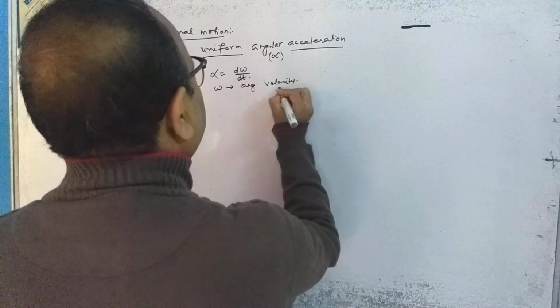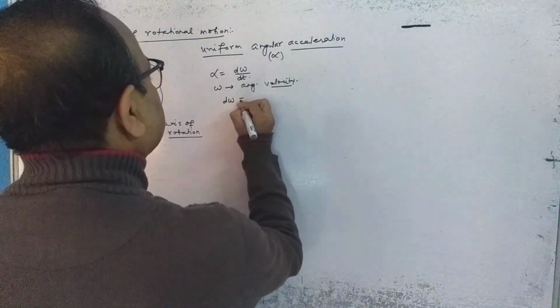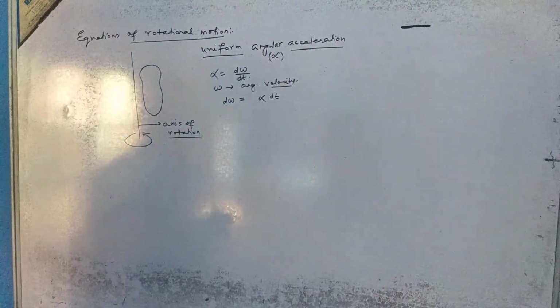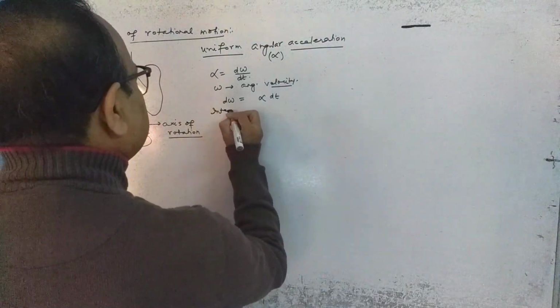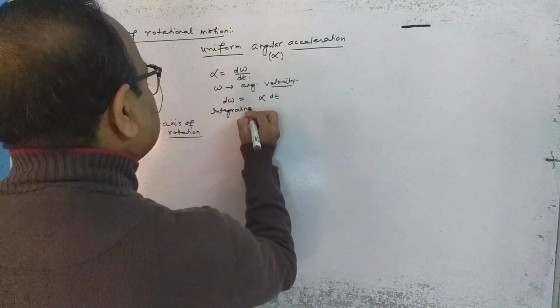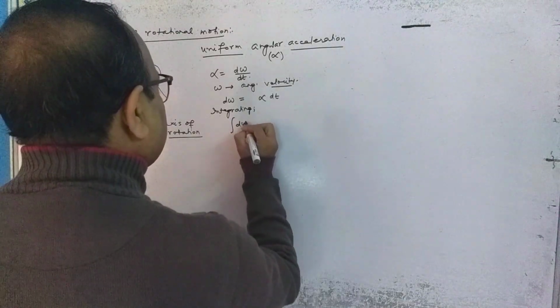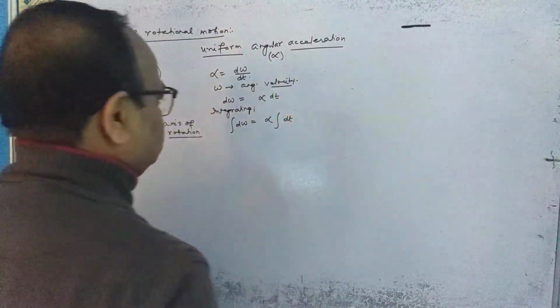I think you all remember this. So d omega is equal to alpha dt. Obviously, we shall integrate. On integrating, we get the integration of d omega equal to alpha times the integration of dt.